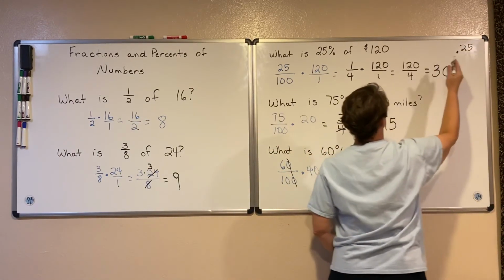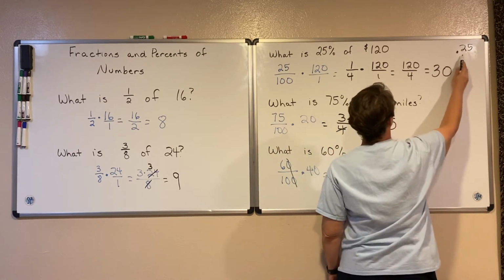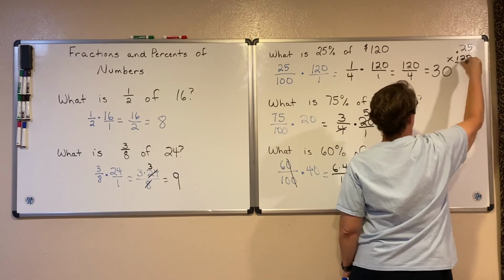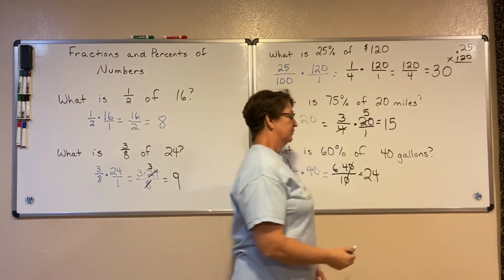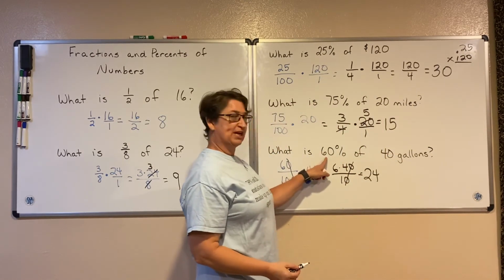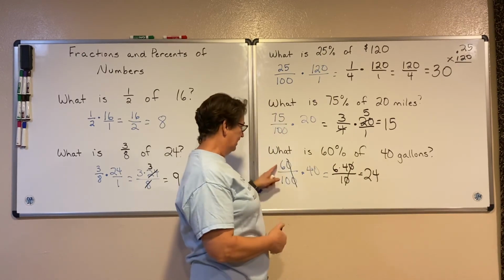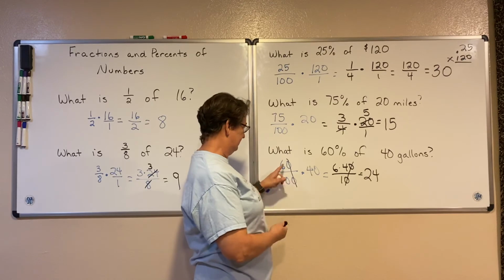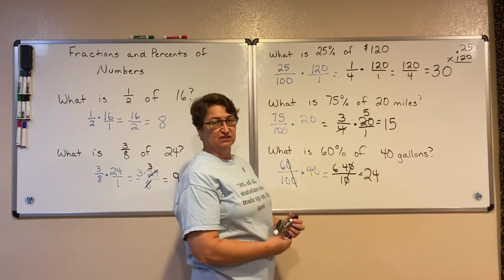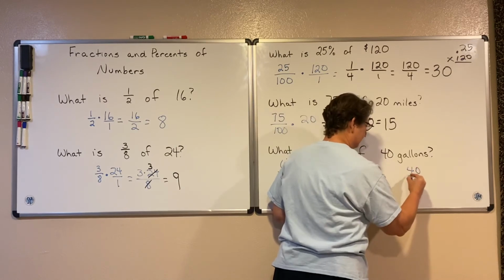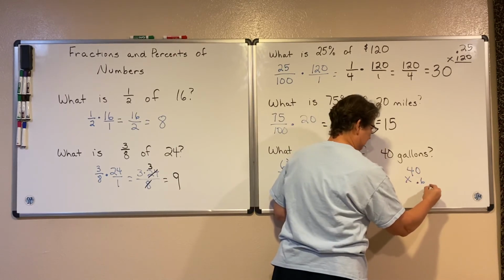So I could just simply multiply 0.25 times 120, and I would end up with that same 30. I'll do one example where I do the multiplication for you, where I have 60% of 40. I could write this as 60 hundredths or just 6/10. So this 40 gallons times that 6/10.